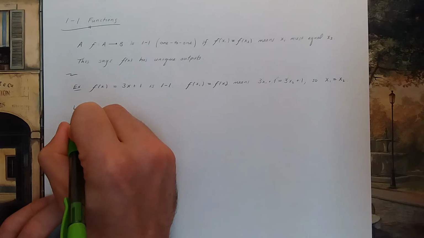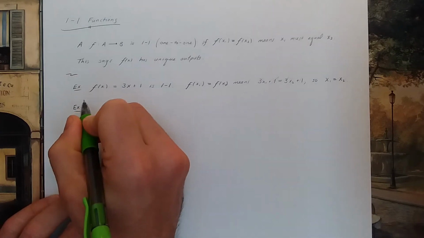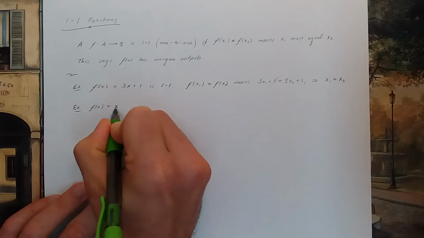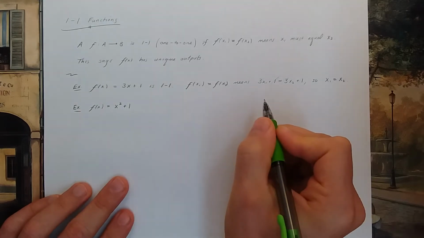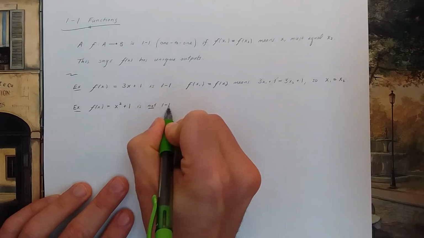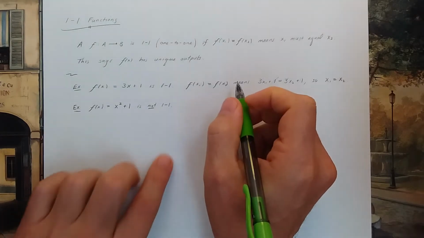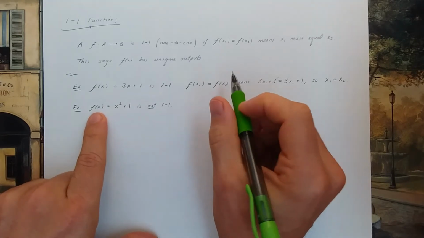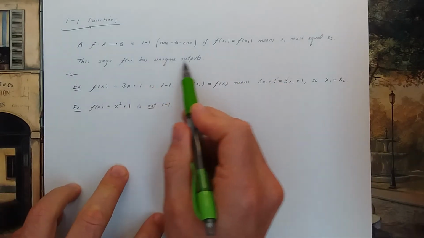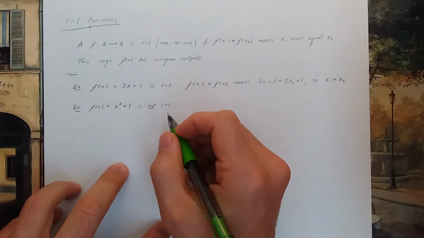Why don't we do an example of a function that is not one-to-one? So the function f(x) = x² + 1 is not one-to-one. Why is that? Two different inputs can have the same output, so the output values are not unique.